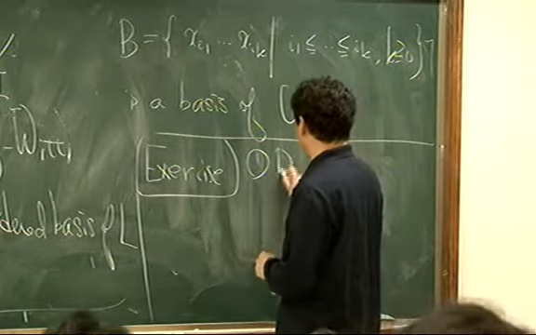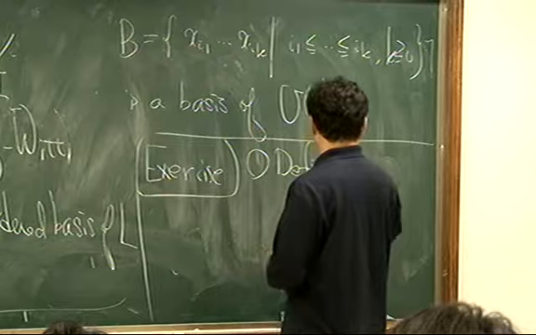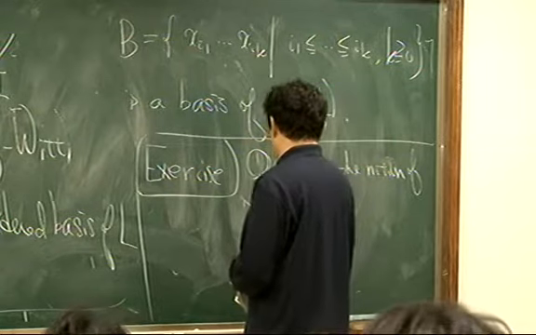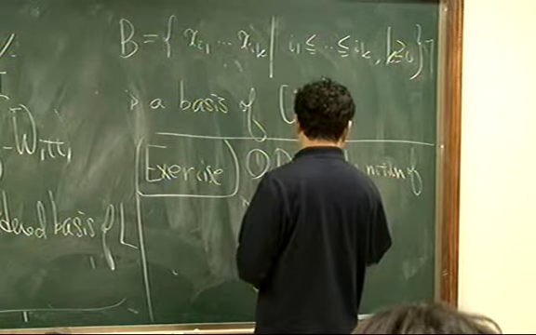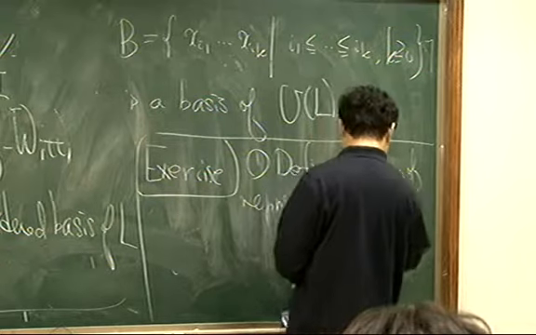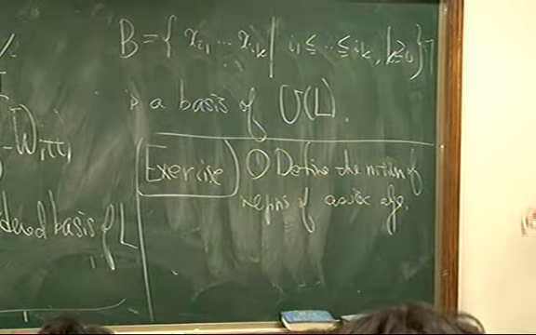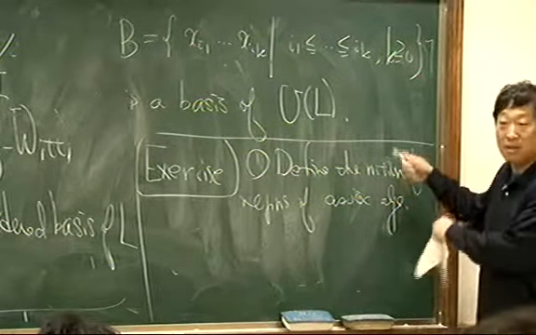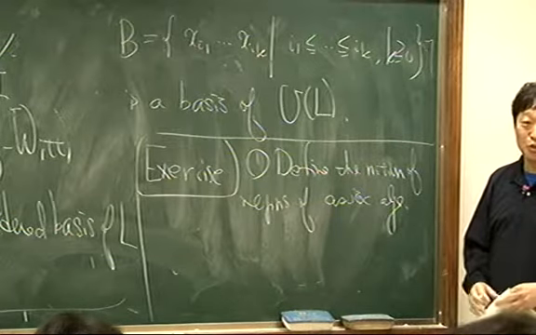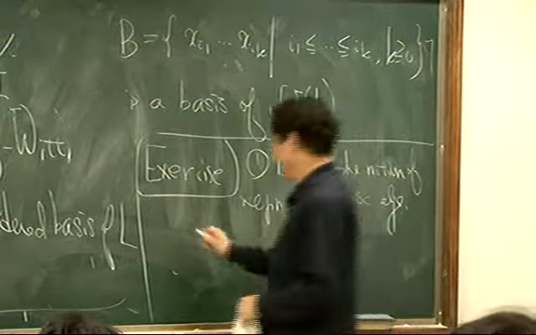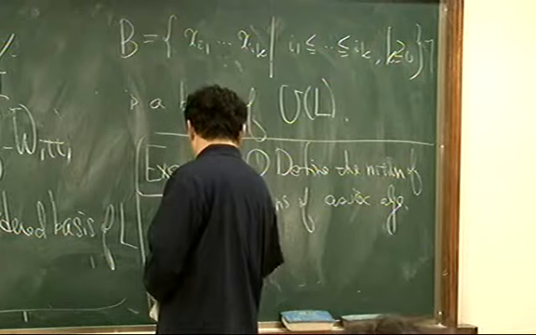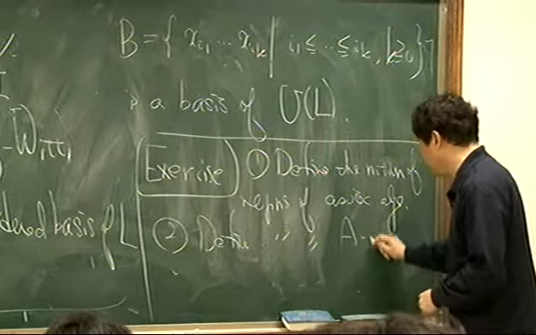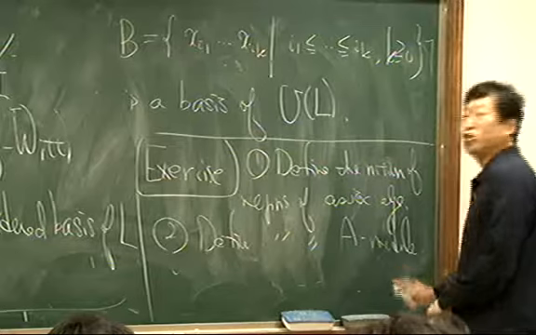The exercise is: define the notion of representations of associative algebras. The answer is what? An algebra homomorphism from, say, A to the endomorphism algebra as an associative algebra. Second, define the notion of A modules, modules for an associative algebra.